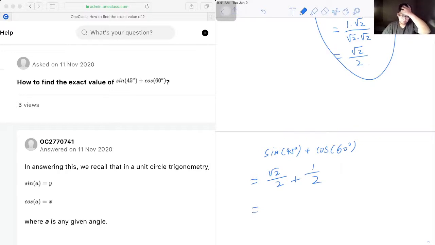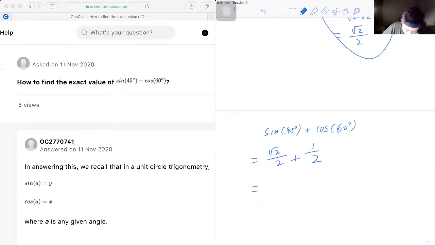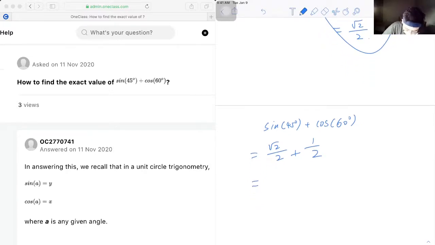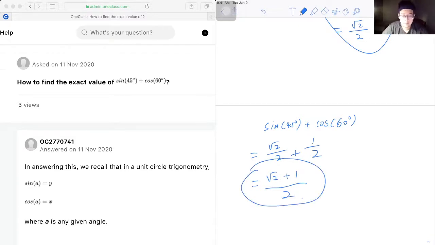And we can simplify that since they have the same denominator. So root 2 plus 1 over 2. And that will be our final answer.